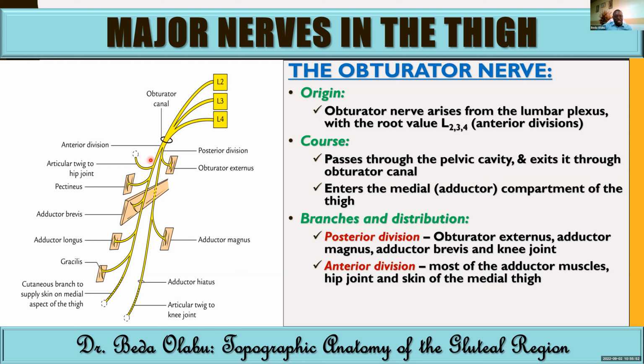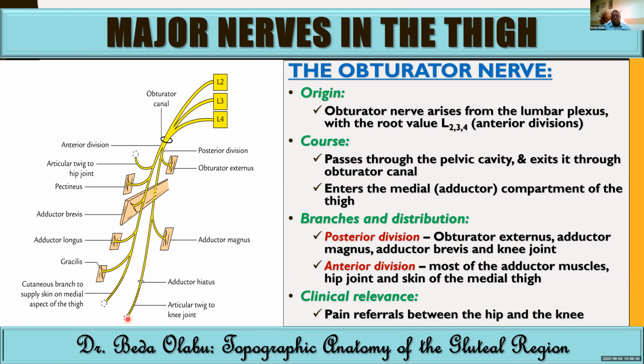The anterior division supplies all the other muscles of the adductor compartment, including again adductor brevis, but it also supplies the hip joint, and it has a cutaneous distribution on the middle aspect of the thigh. Now, as clinical relevance, we commonly hear about pain referral, considering that the obturator nerve supplies both the hip and the knee joint.